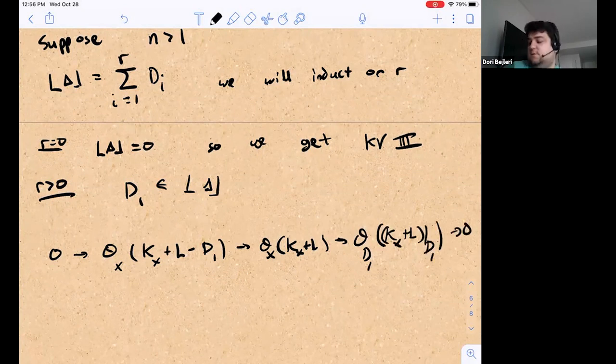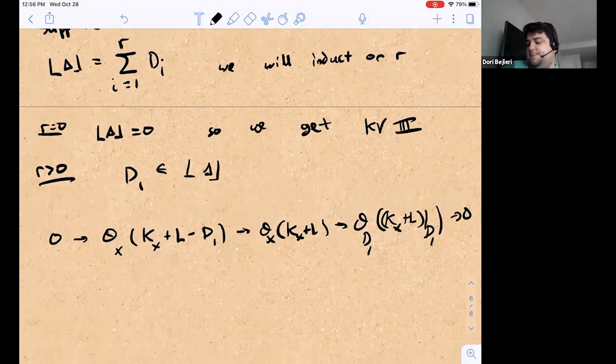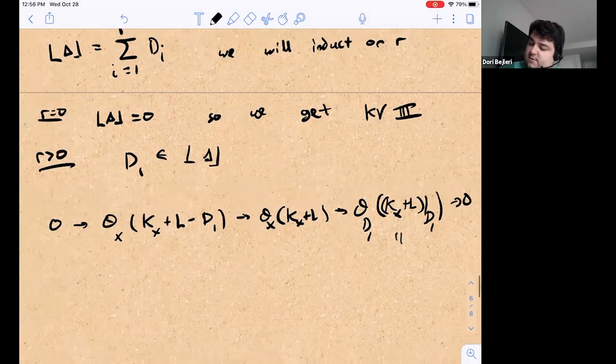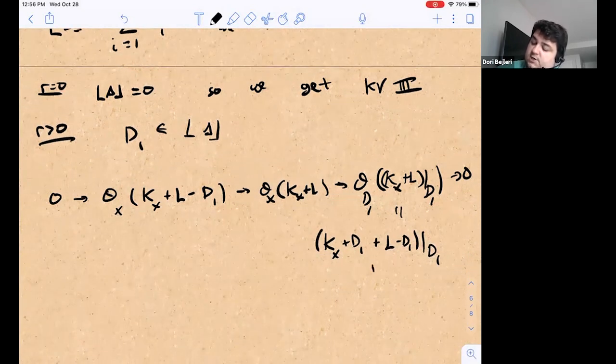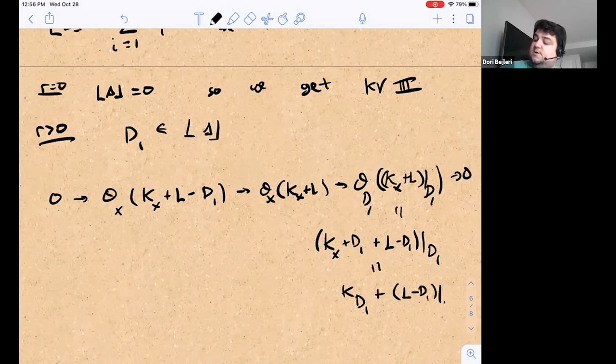It's our usual twisting sequence. Now, this K_X plus L restricted to D_1, I can manipulate that a little bit. So I can write this as K_X plus D_1 plus L minus D_1 restricted to D_1. And now by adjunction, this is K_{D_1} plus L minus D_1, restricted to D_1.